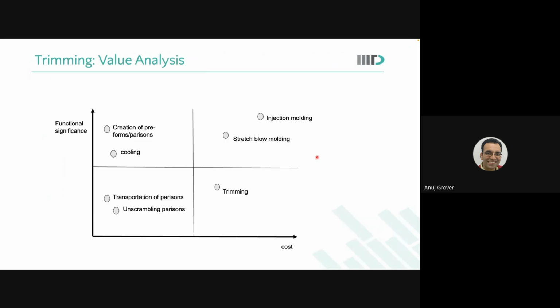Okay? And this is how you would do the value analysis of the RBM process, where we say that trimming has low functional significance because it's a corrective function, but the cost is high. Injection molding, heating, productive function, so high functional significance, but cost is also high. So it's somewhere here. Stretch blow molding, productive, so high, and also heating is required, so cost is high.